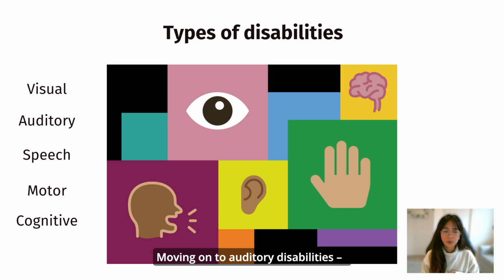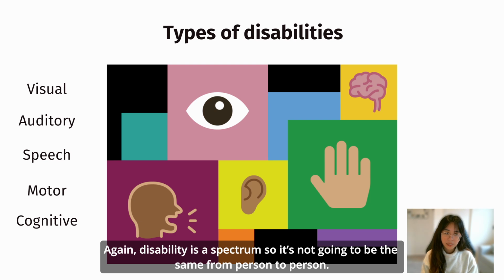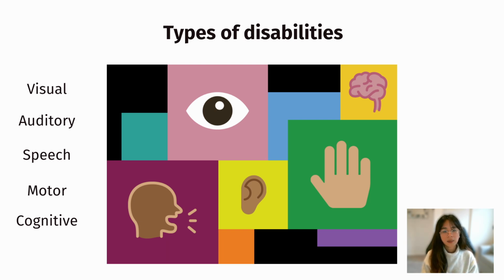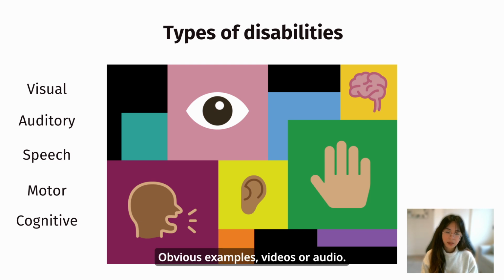Now, moving on to auditory disabilities, this can include people who are deaf or hard of hearing. Again, disability is a spectrum, so it's not going to be the same from person to person. But what these users struggle with is when information is communicated through sound. So, obvious examples, videos or audio.